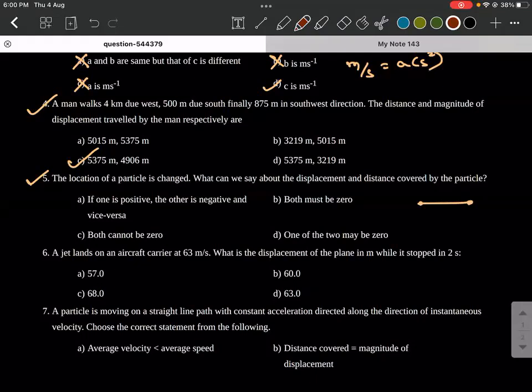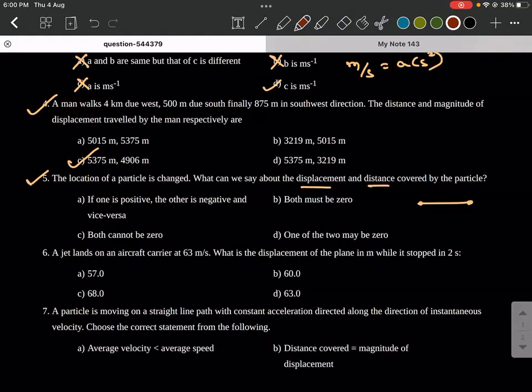If the position of the particle is changed, what should happen to the distance? What can you say about distance? Distance is the path traveled by the particle. Is it changing or not? So can you say distance is 0 anymore? No. Read the question. What can we say about displacement and distance covered by the particle?